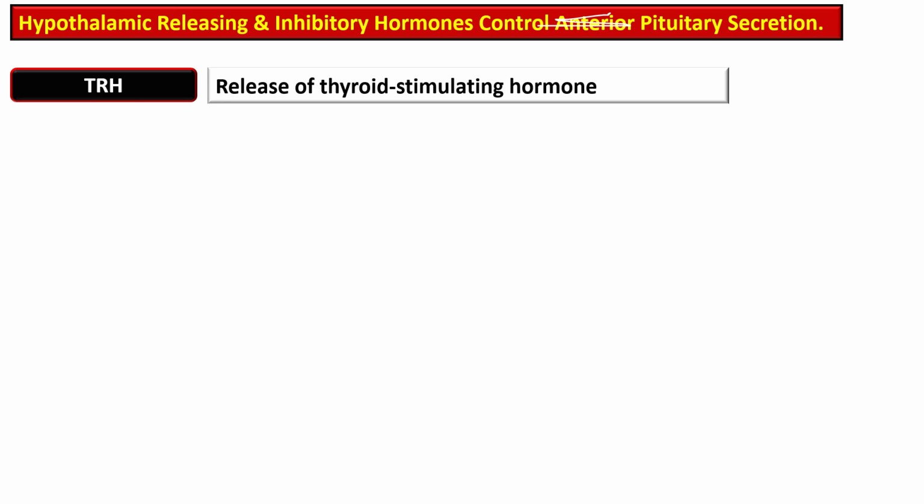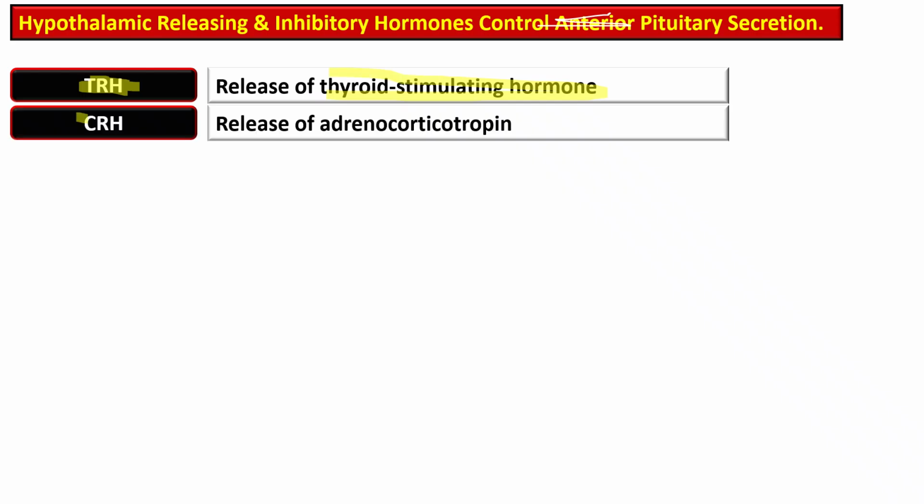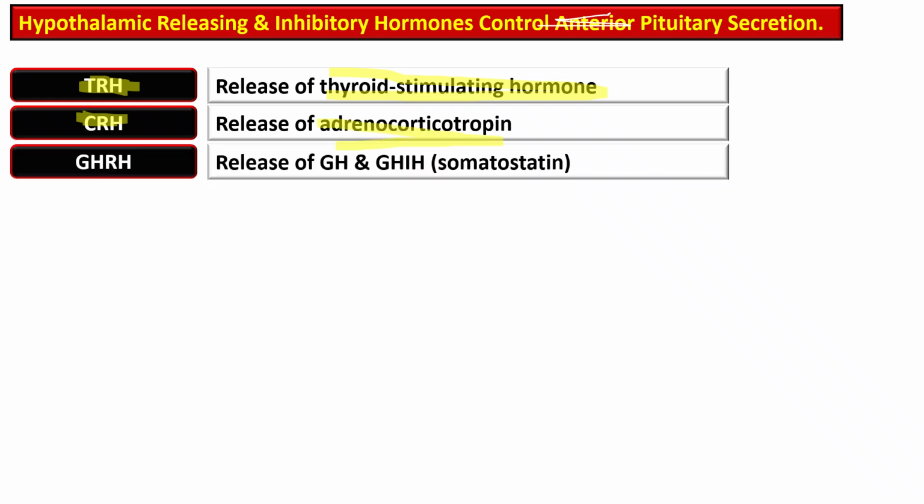So thyrotropin releasing hormone causes the release of TSH or thyroid stimulating hormone from the anterior pituitary. The corticotropin releasing hormone causes the release of adrenocorticotropin. Growth hormone releasing hormone causes the release of growth hormone, and somatostatin is the growth hormone inhibitory hormone.